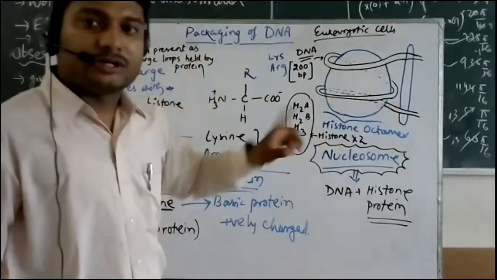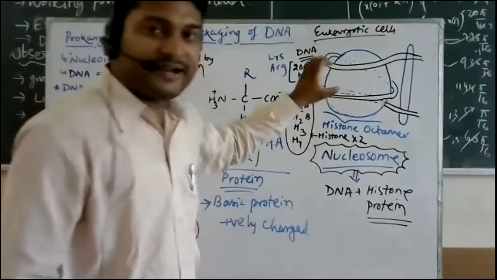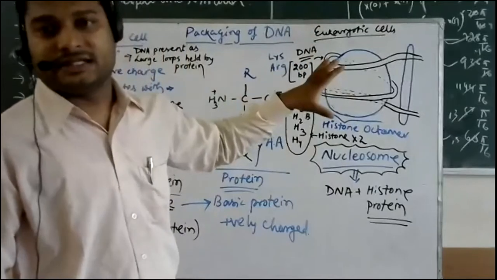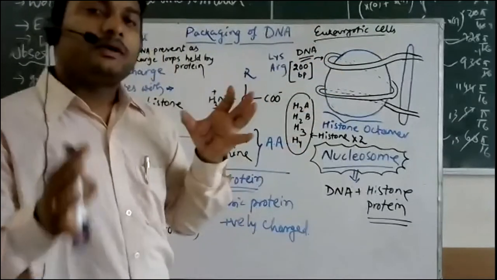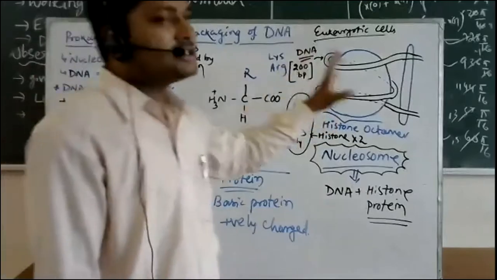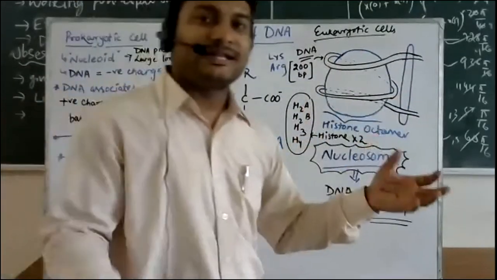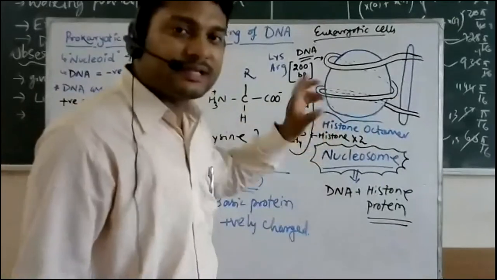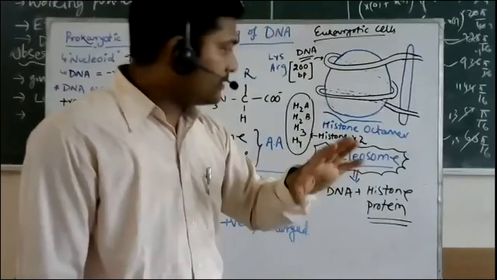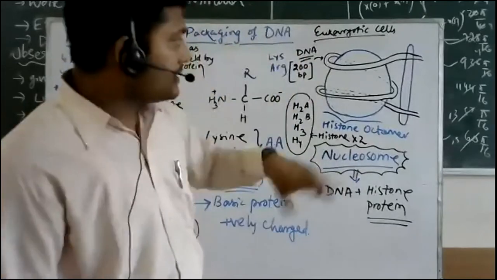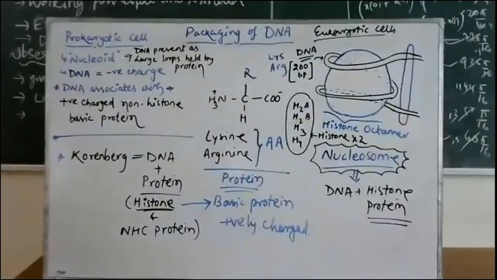So in one nucleosome structure, we are going to have around 200 base pairs. You can calculate it: if you multiply this by 0.34 nanometers, you'll get the length of the DNA that is associated with a single nucleosome.